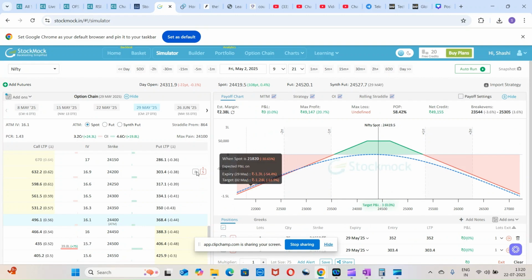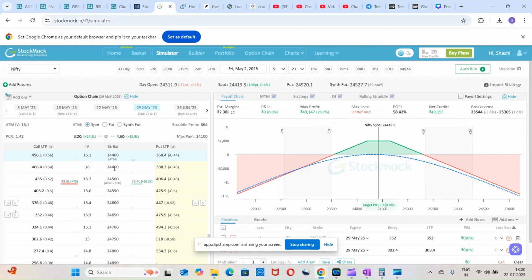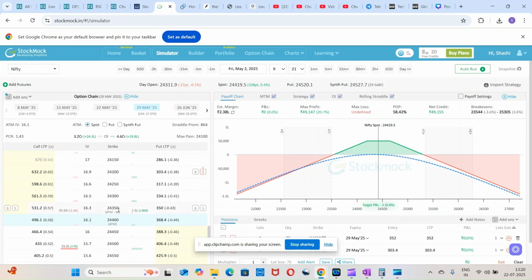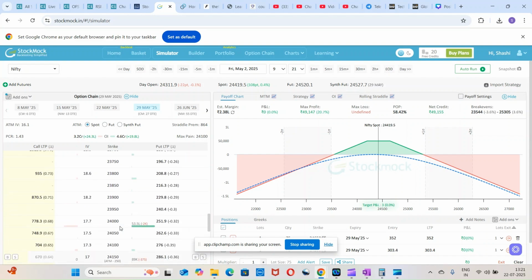So what you do is, if you see, this is the current market. One, two, three, four, five. They have taken. Okay. And here also that's one, two, three, four, five. They have taken. So let's just go. So this is 24,400, right? So what I'll do is 23,400, something like that.